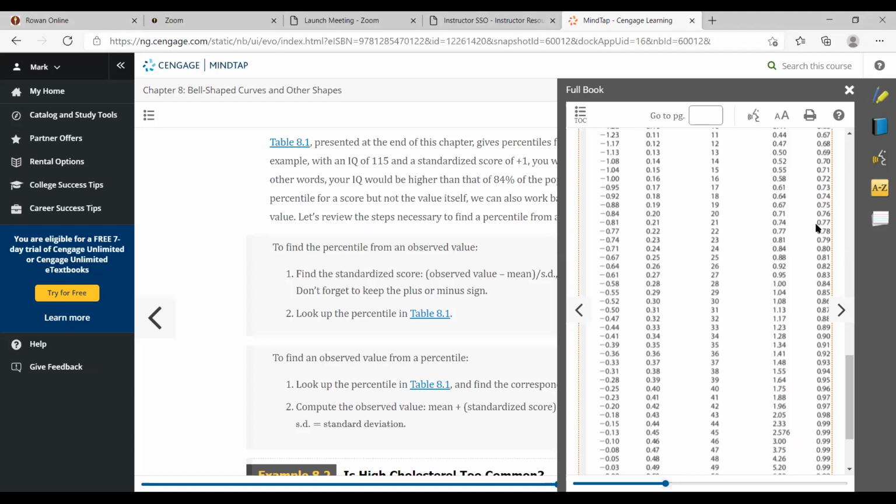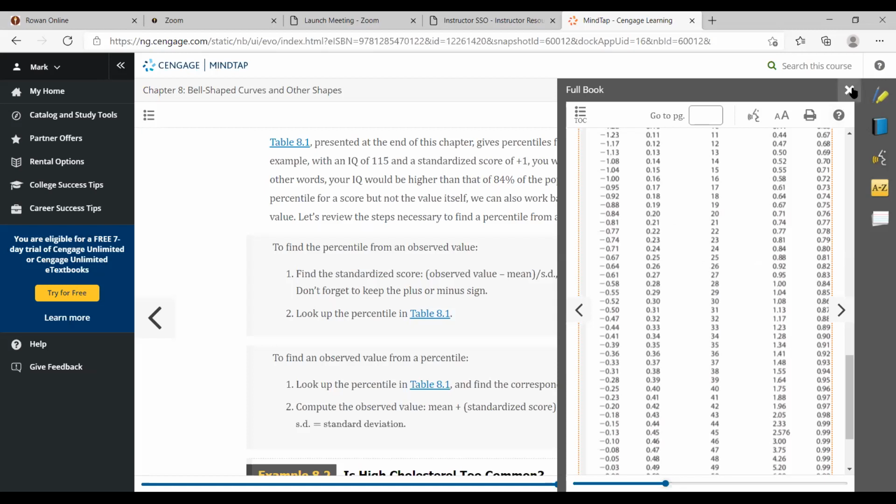But you can find any other percentile also with this table. For example, for 1.28, the proportion is 0.90 and the percentile is 90%. So this is the 90th percentile. 90% of the data is less than your standard score of 1.28. So that's how you read this table.